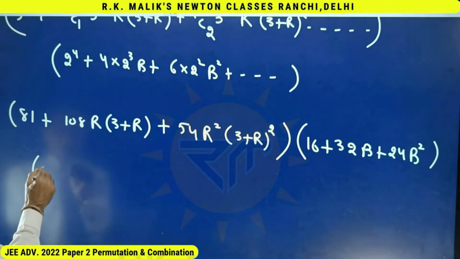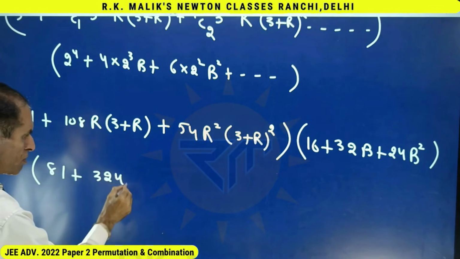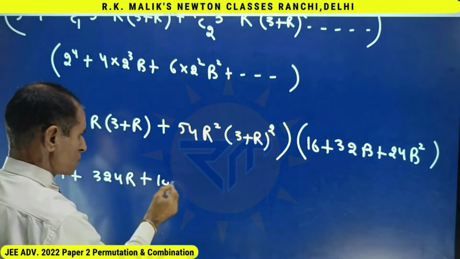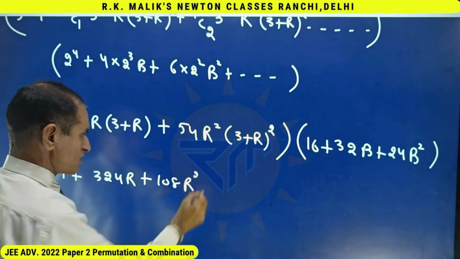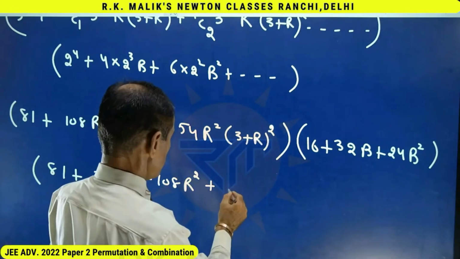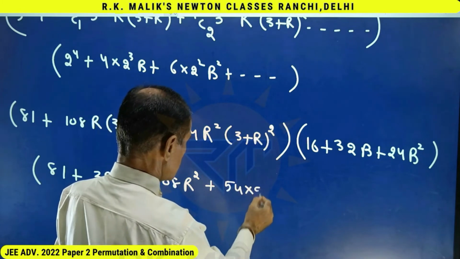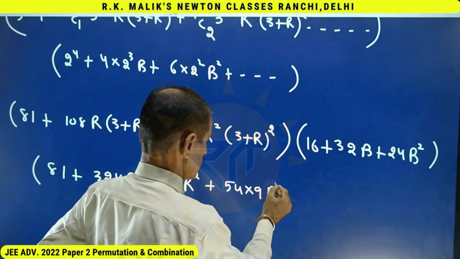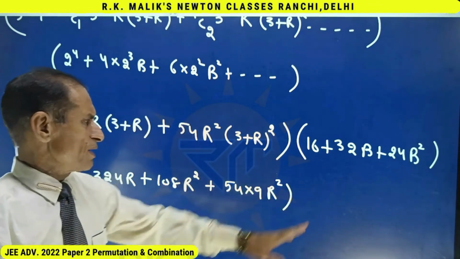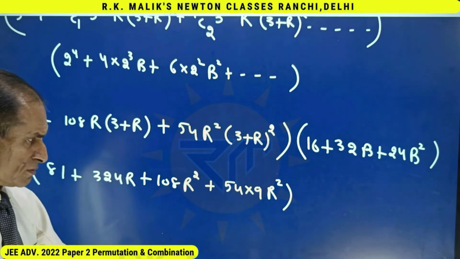And further it is 81 plus 108 r square plus 54 into 9 r square, because the remaining terms will contain r cube etc. Those are of no use to us.